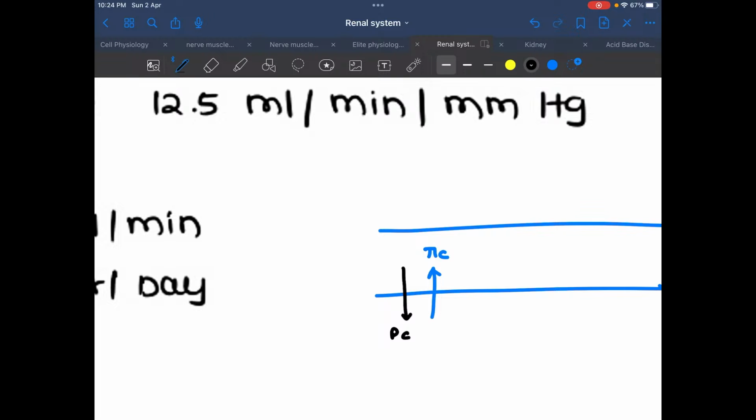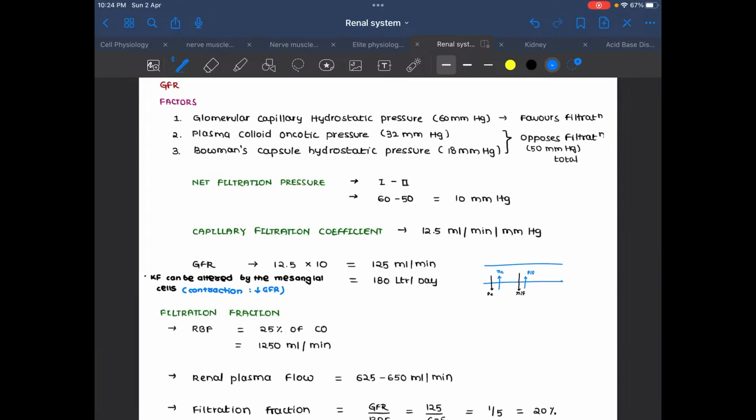The second is the pi if, that is the oncotic pressure present in the interstitial fluid, that is in the Bowman's capsule. And the thing that is opposing filtration is the PIF, that is the hydrostatic pressure present in the interstitial fluid. So these are the different starling forces.